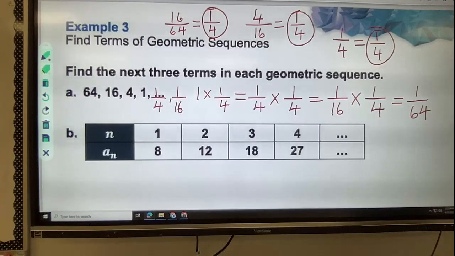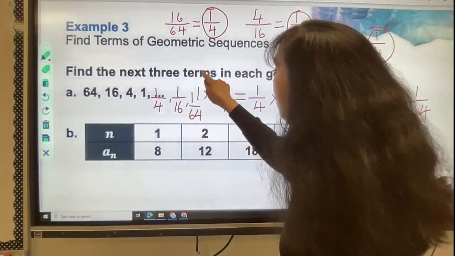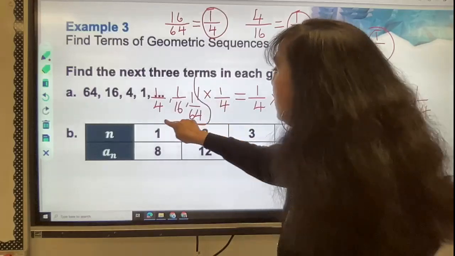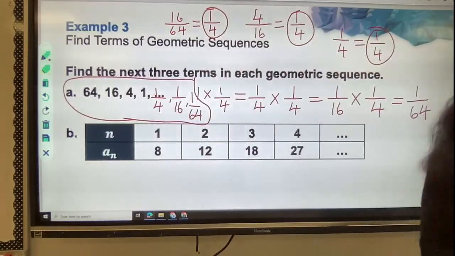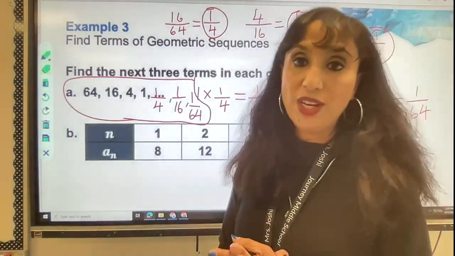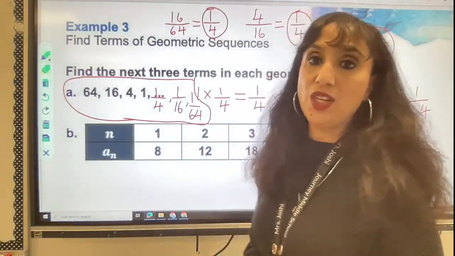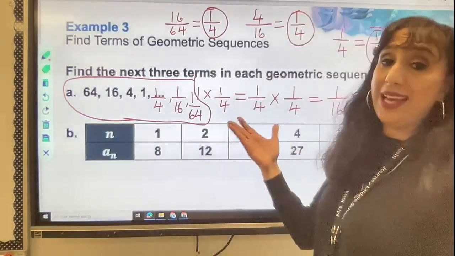Okay, so that is my third number on that list, 1/64. So these are my 3 terms that I just added on to this list. Okay, so once again, you find what the common ratio is, and then because you are multiplying each term ahead with that common ratio, that's all I'm doing.